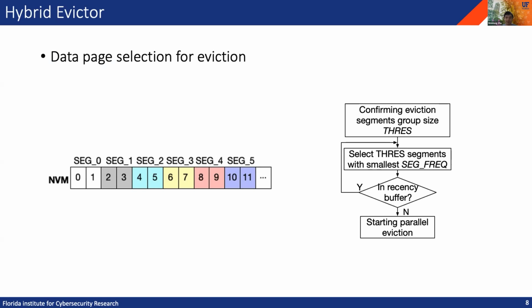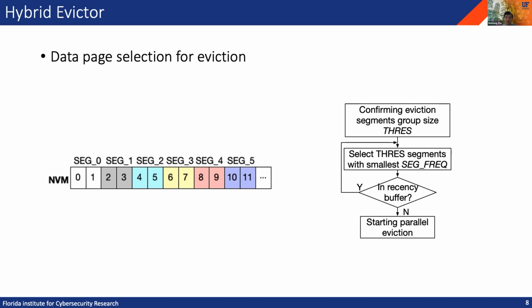Since we create a segment recency buffer to indicate the access recency of the segment, if the selected segment exists in the buffer, we should skip the eviction of this segment.